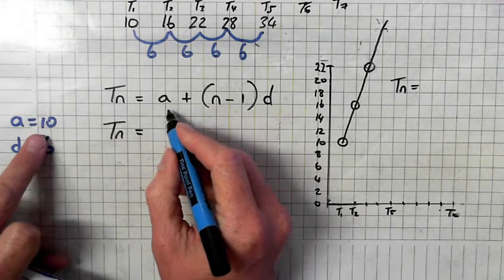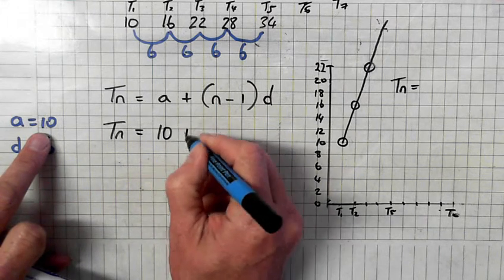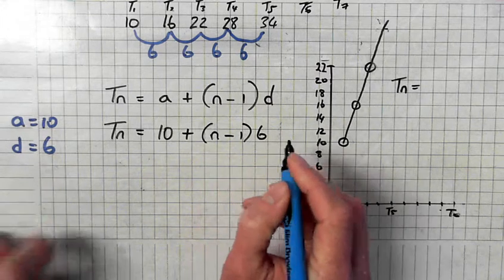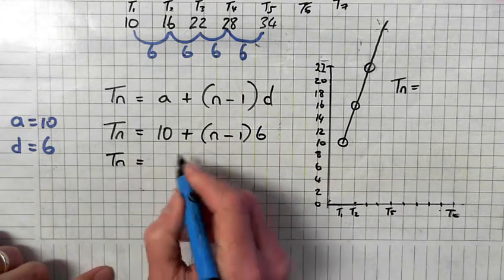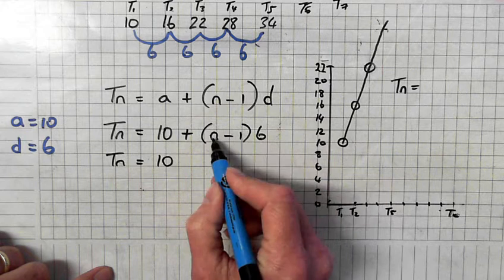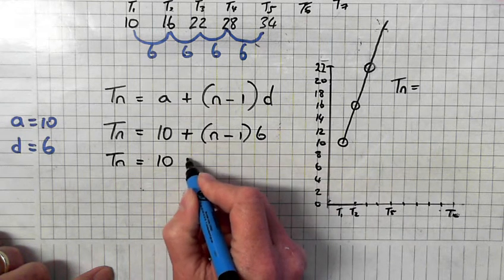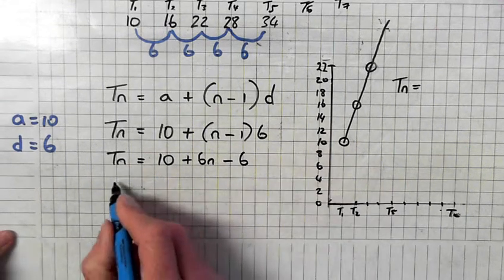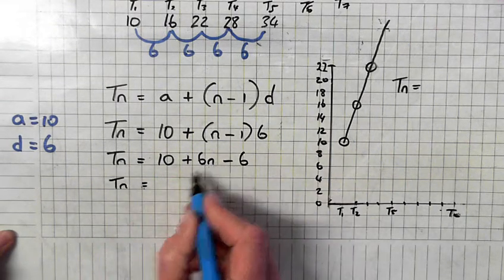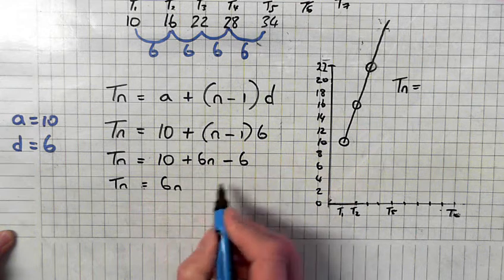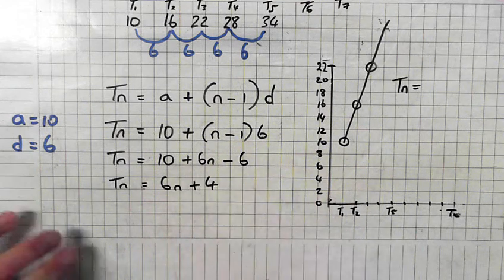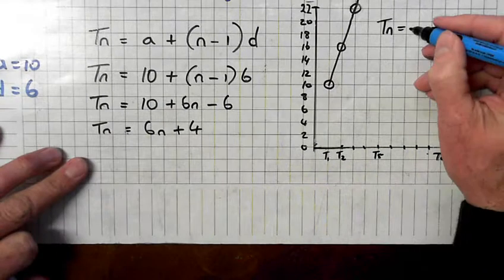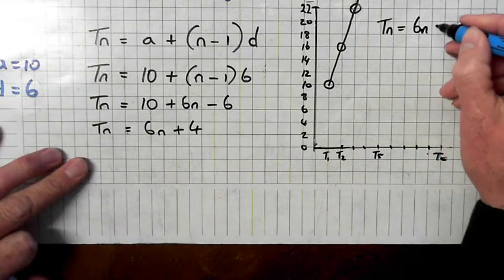A is equal to 10 plus n minus 1 and D is equal to 6. So 6 times n is 6n. 6 times minus 1 is minus 6. Tn is equal to 6n, 10 minus 6 is plus 4. Right, we'll see if that formula is correct. So that's my Tn formula. Tn is equal to 6n plus 4.